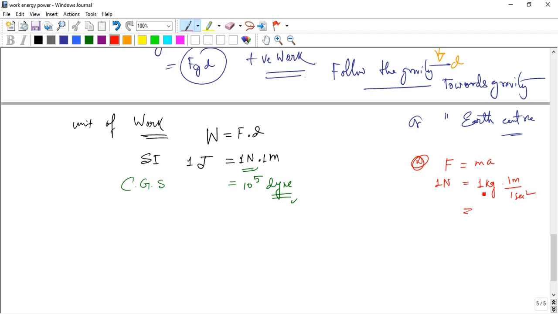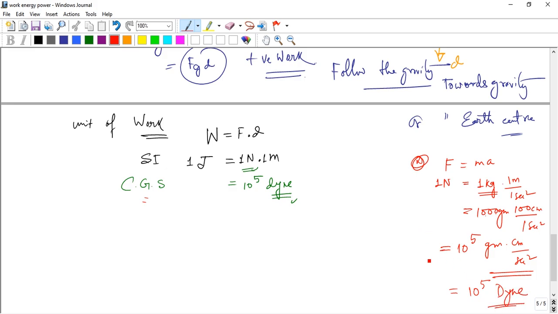Now convert to CGS: 1 kg is 1000 gram, 1 meter is 100 centimeter, and second square stays. So we get 10 to the power 5 gram centimeter per second square. That gram centimeter per second square is called dyne, so 1 Newton is 10 to the power 5 dyne, the CGS unit of force.